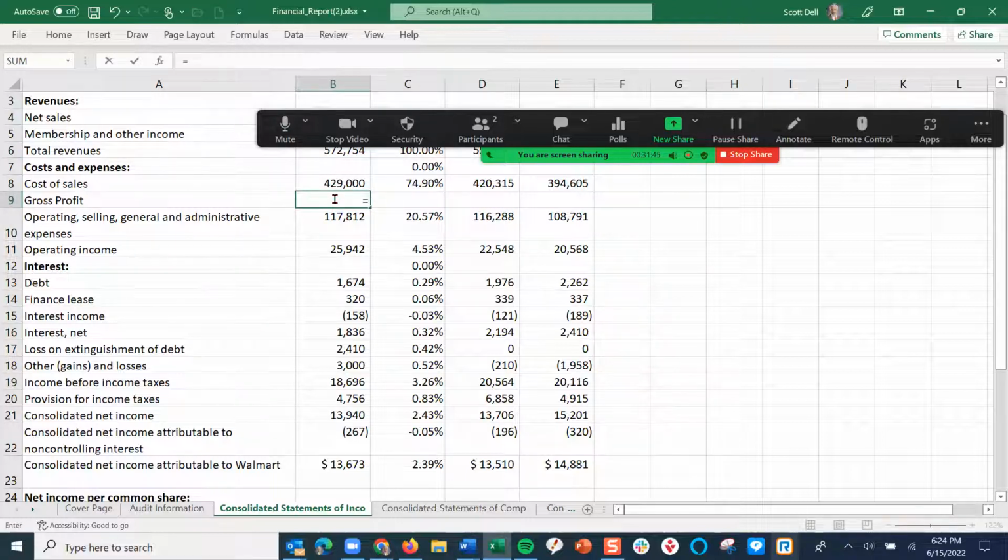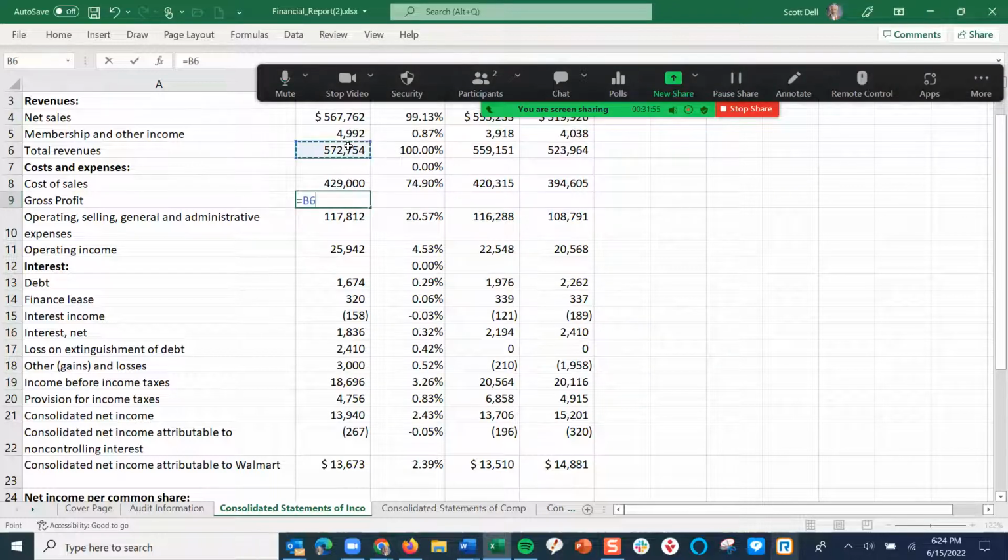Equals my total revenues minus my cost of sales, or cost of goods sold, or cost of product sold, or whatever you want to call it. I'm going to copy this formula across here. So my gross profit is $143 billion. My gross profit percentage is 25.